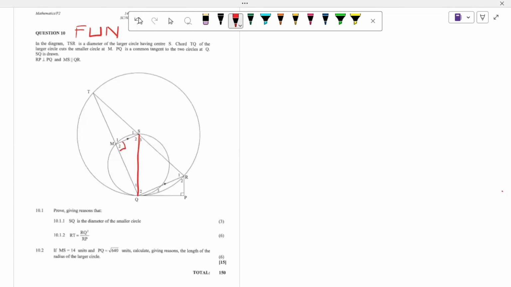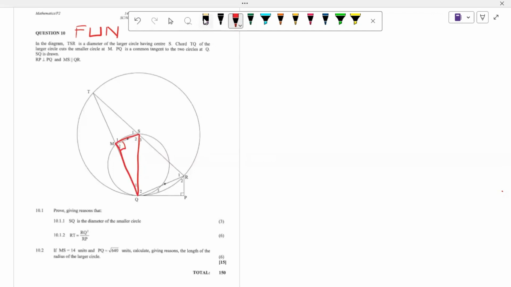So if I can prove that M2 is 90 degrees, then we can deduce that SQ is the diameter of this circle because it is the one that is subtending M2. Is that clear?